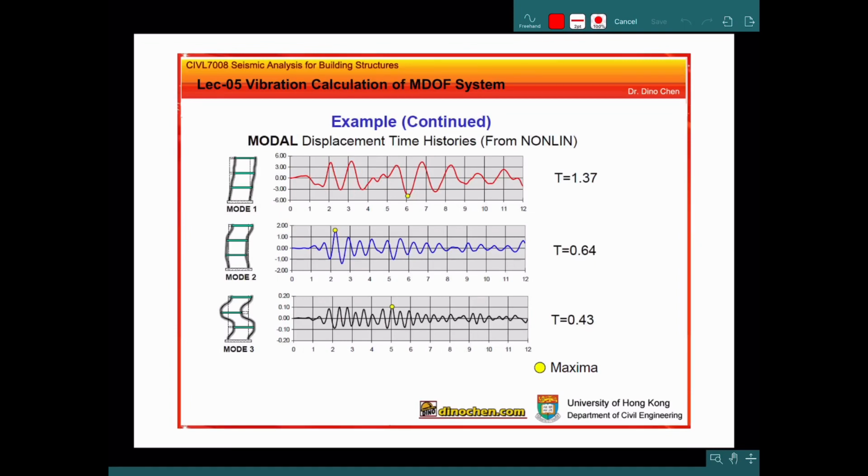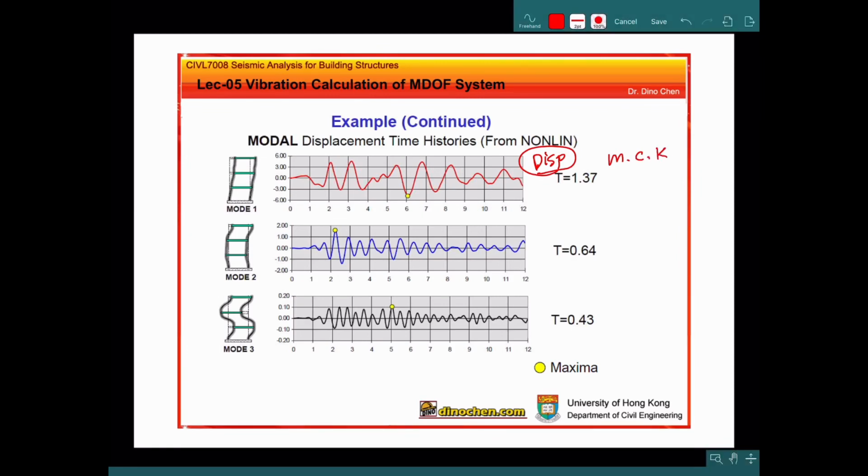So this is the final result computed by the program or by Excel table, no matter what. But you can capture 3 results like this: for example, after the calculation we can get the displacement. This is the basic result we need to know. So these are 3 displacement results for the different modes: mode 1, mode 2, and mode 3. Each mode has different M and C and K, so the curve shape should be different.